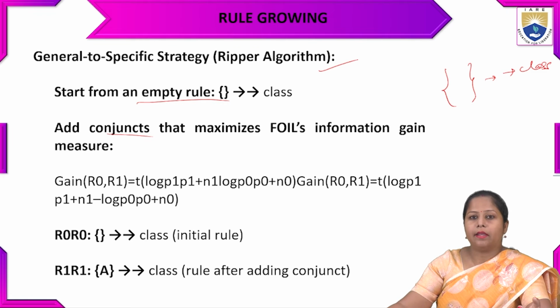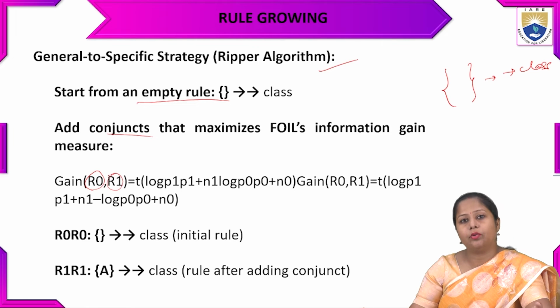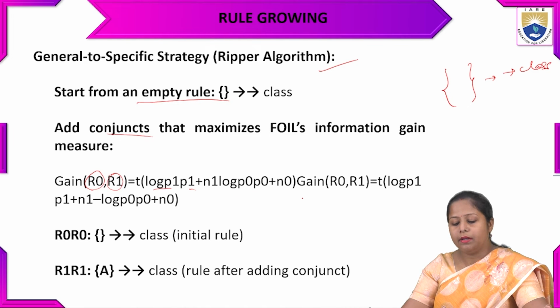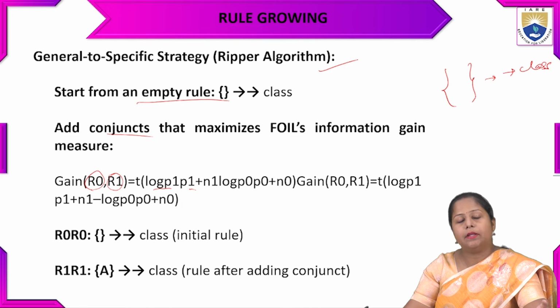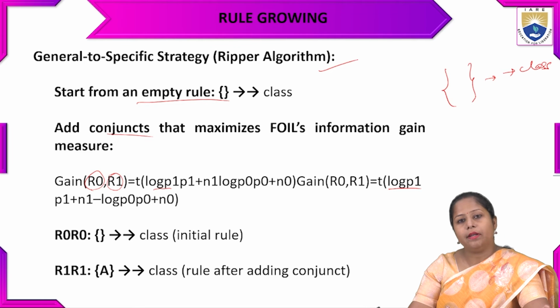Suppose R0 and R1 are two of the rules. The gain of R0 and R1 will be equal to t times (log of P1 over P1 plus N1, minus log of P0 over P0 plus N0).